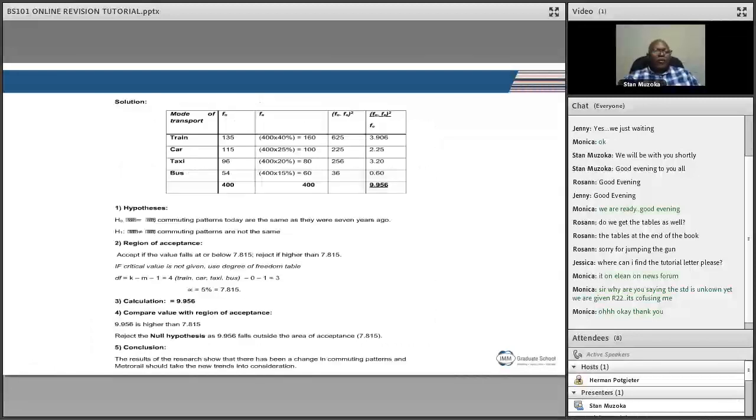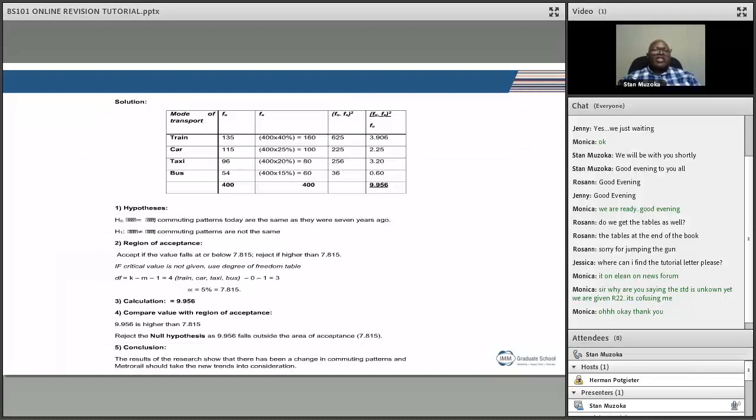Now, what do we do? You have got to understand the data. According to your observations, you are told that 135 people used the train today, 115 the car, 86 the taxi, and the remainder the bus, which is 54, total 400.